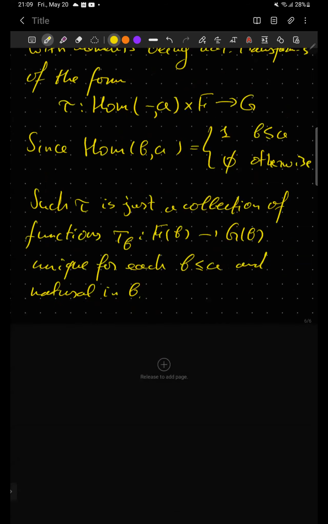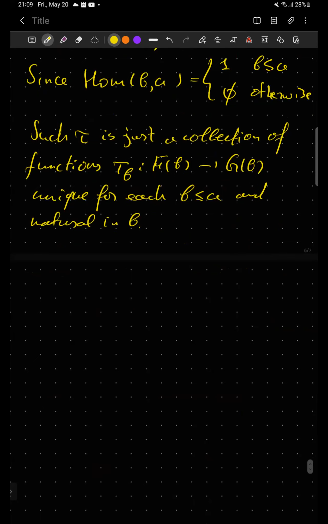In other words, G^F of a is just a Hom between the following restricted sheaves.